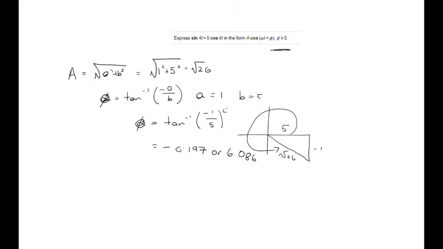So what we've got then is that our original question can be rewritten as root 26 cosine 4t, because that's what omega is, plus 6.086.